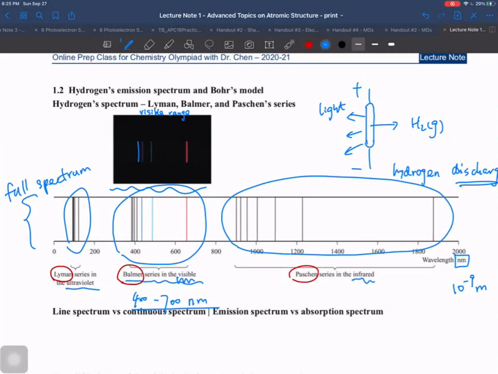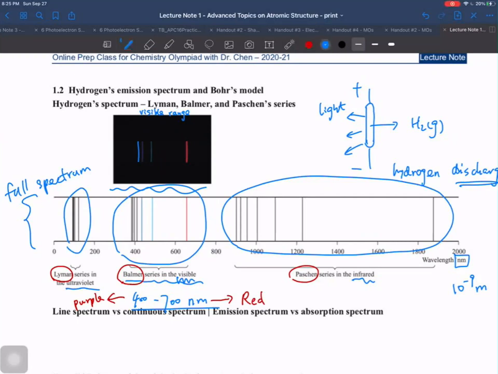The red light will be close to 700. Right? Because longer than 700, it will be infrared. So this side is the red. And then shorter than 400, it will be ultraviolet. So this one will be purple, or violet.